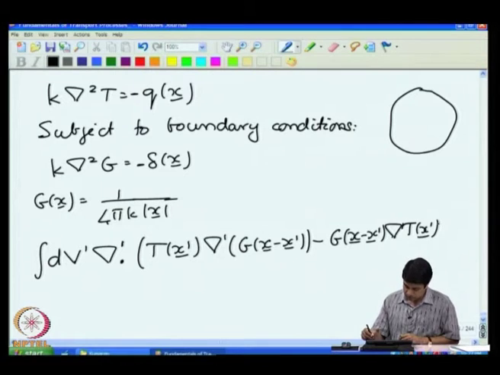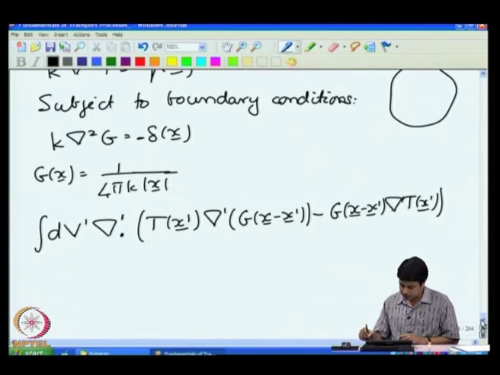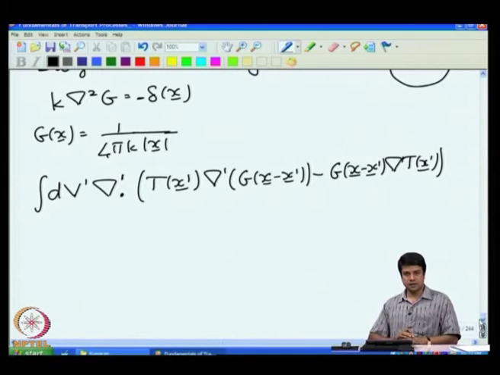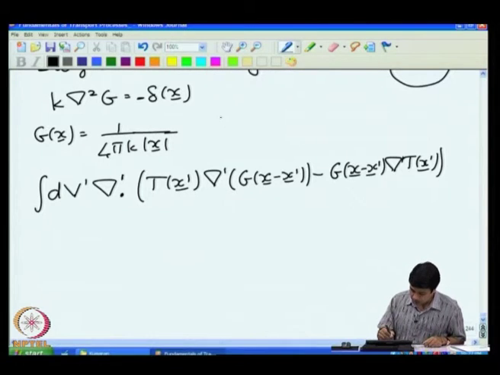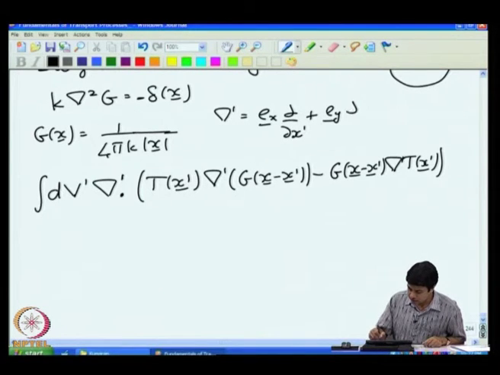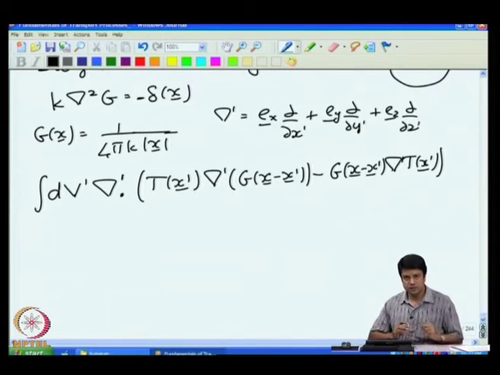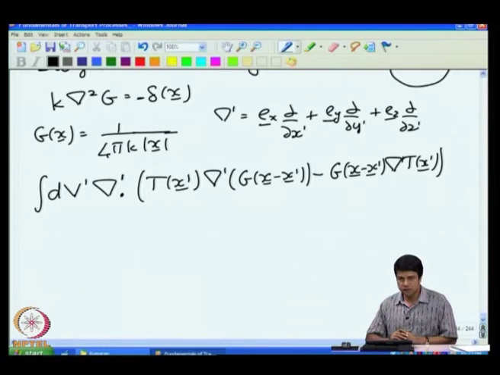I consider this volume integral, the divergence of T of x prime times the gradient of G of x minus x prime minus G of x minus x prime times the gradient of T of x prime. I should be a little careful here. In this case, x prime is the source point and x is the observation point. So, the operator del prime that I defined here is equal to e_x d by dx prime plus e_y d by dy prime plus e_z d by dz prime. So, that is the divergence operator with respect to the source point.